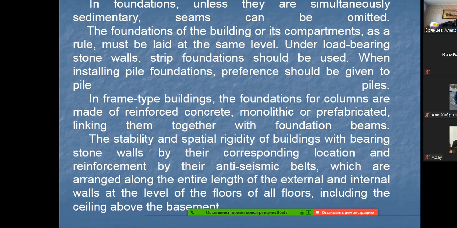So insufficient constructional solutions for foundations, poor materials, wrong design, or not enough reinforcement inside the foundations can create problems for existing constructions during operation, and can have a negative effect on the building, like shrinkage or collapse of some of the constructions.